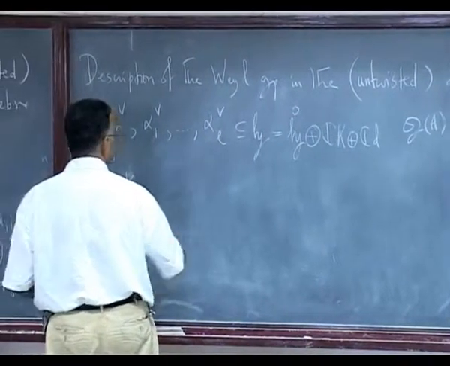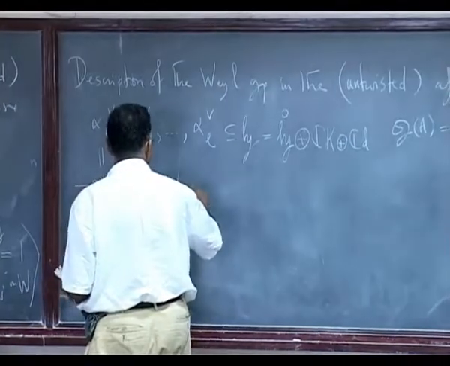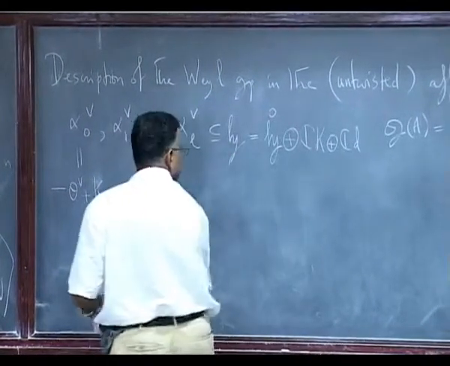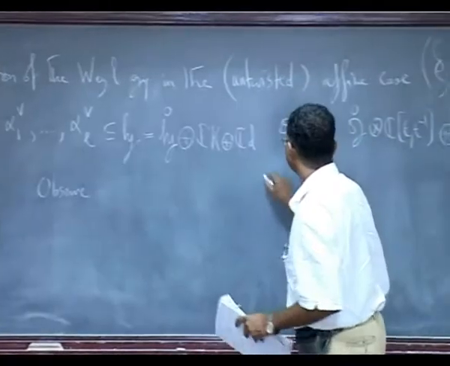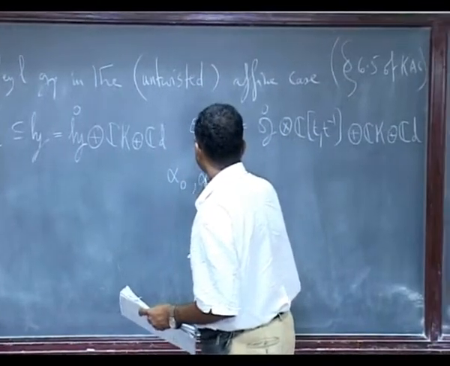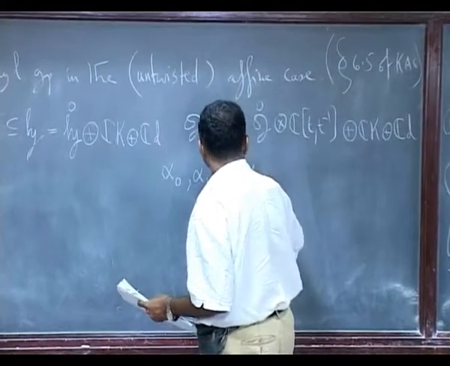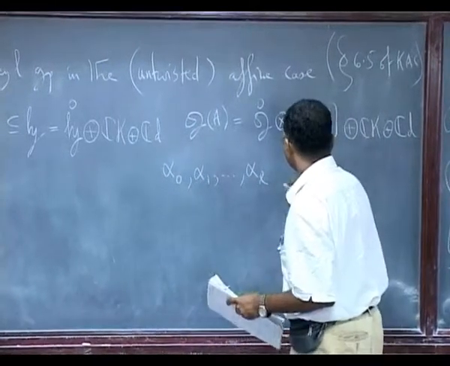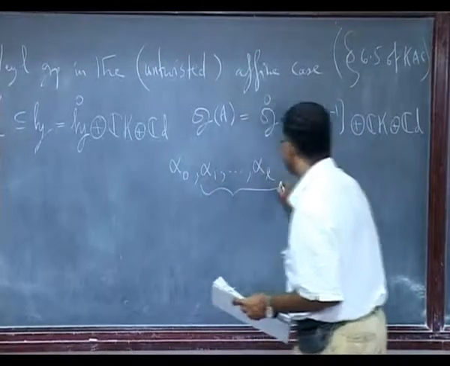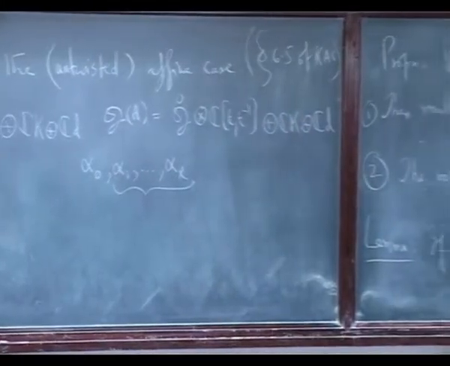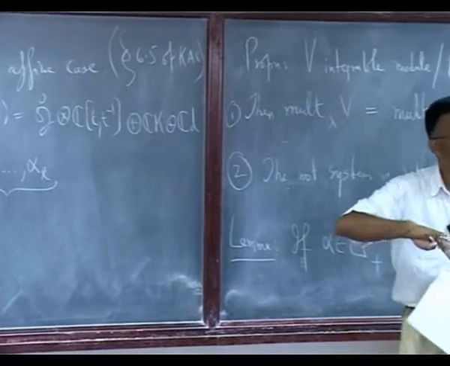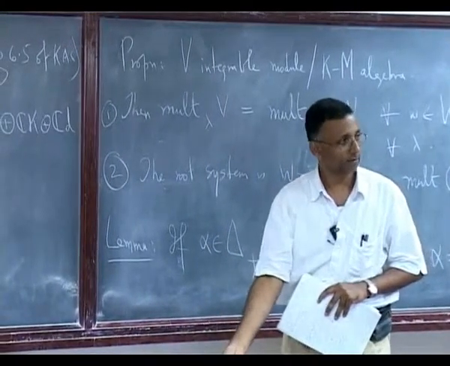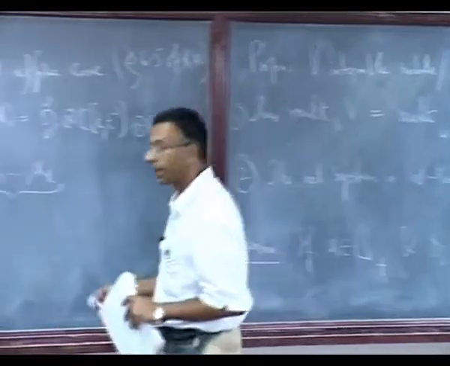Okay, now let's observe. So here is the observation. Let me also recall for you the roots. So there is alpha naught, alpha 1, alpha L. You can think of them as roots in the original underlying finite dimensional space.